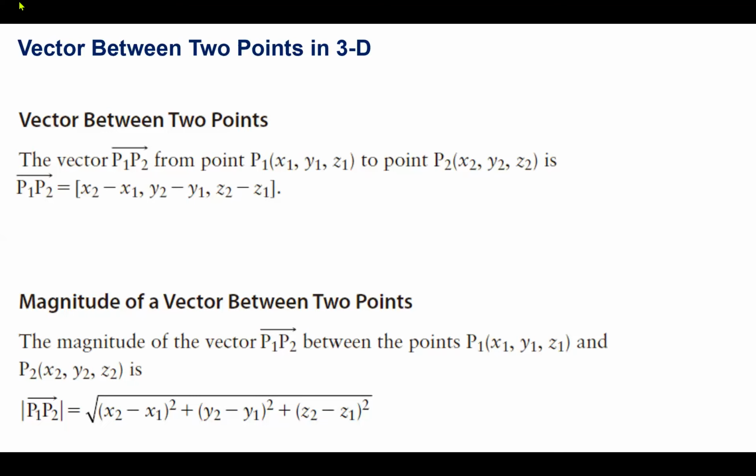Okay. Next, let's have a look at the magnitude of the vector between 2 points. The magnitude of the vector P1P2 between the 2 points, P1, whose coordinates are x1, y1, z1, and P2, whose coordinates are x2, y2, z2, is given by the square root of the difference x2 minus x1 squared, plus the difference y2 minus y1 squared, plus the difference z2 minus z1 squared.